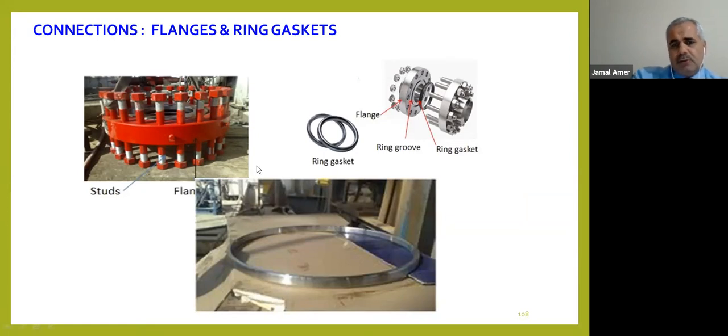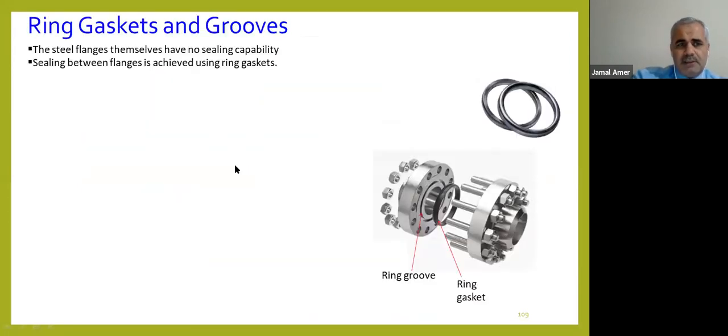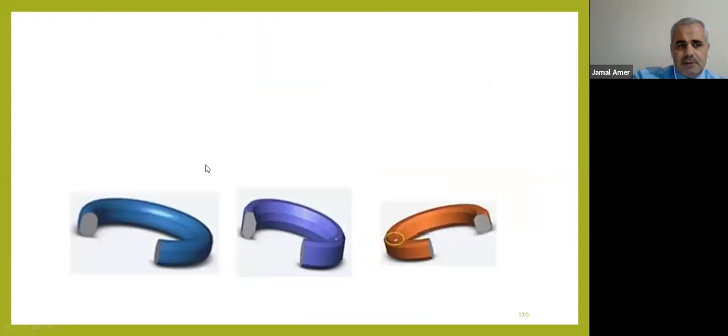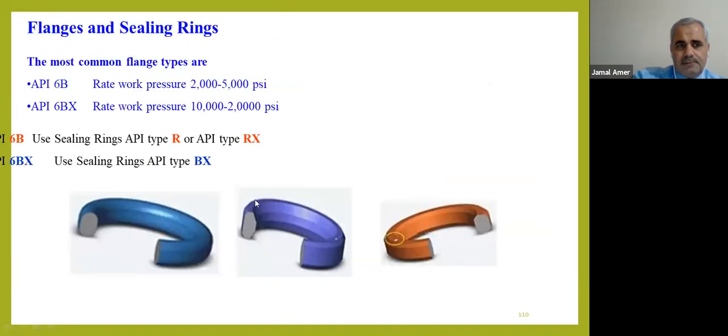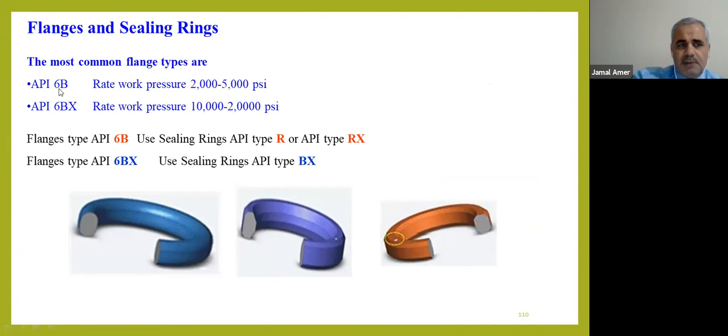We have two types of gasket, as we see here: API 6B, which is a flange for working pressure 2000 to 5000 psi, and API 6BX, we call it 10,000 to 20,000 psi.